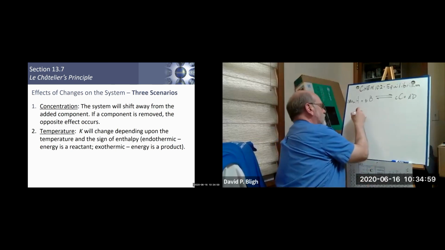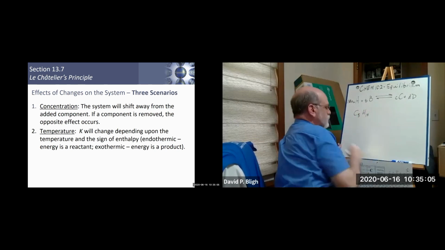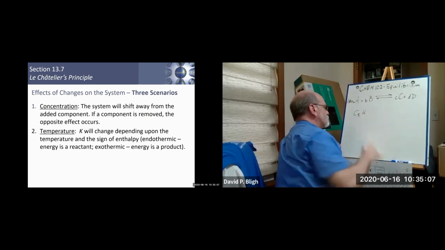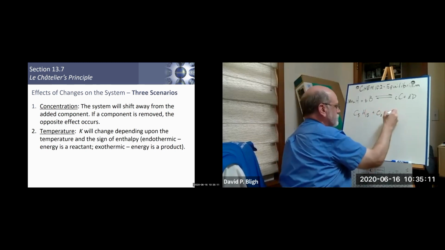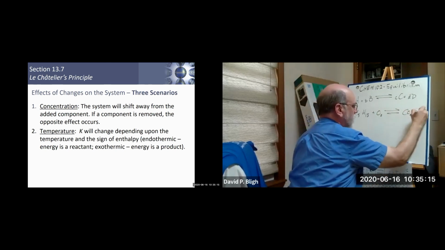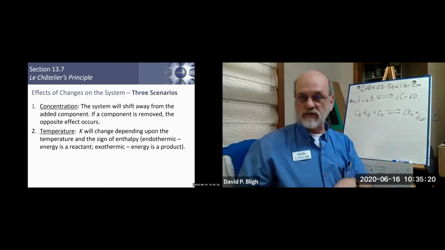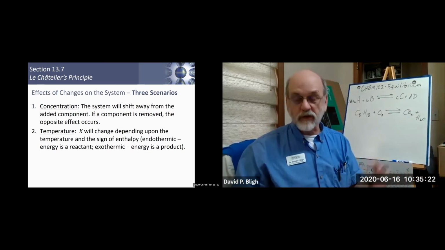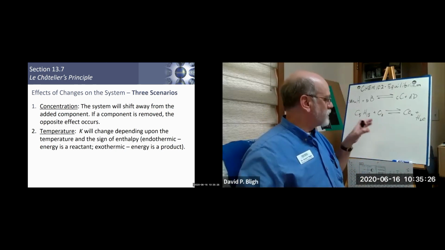If we take, let's say, octane, and we react it with oxygen to produce carbon dioxide and water. And you're not told, say we increase the temperature. How would that affect this reaction?